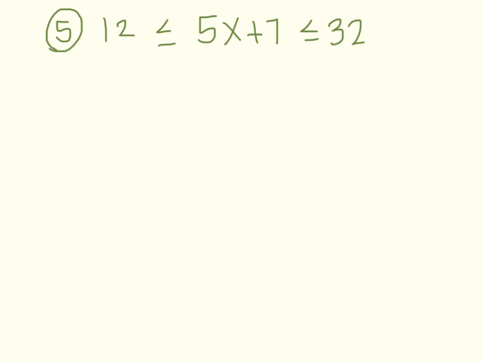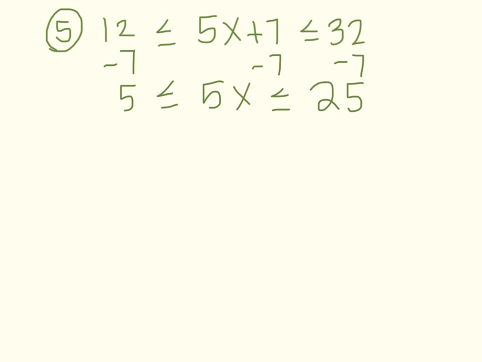In order to solve this, we are going to solve it just like we solved inequalities, but now whatever you do to the middle part, you're going to also do to the left and the right side. So first thing I need to do is subtract 7 from all 3 places. And then simplify. 12 minus 7 is going to give me 5 is less than or equal to 5x, which is less than or equal to 32 minus 7, which gives me 25.